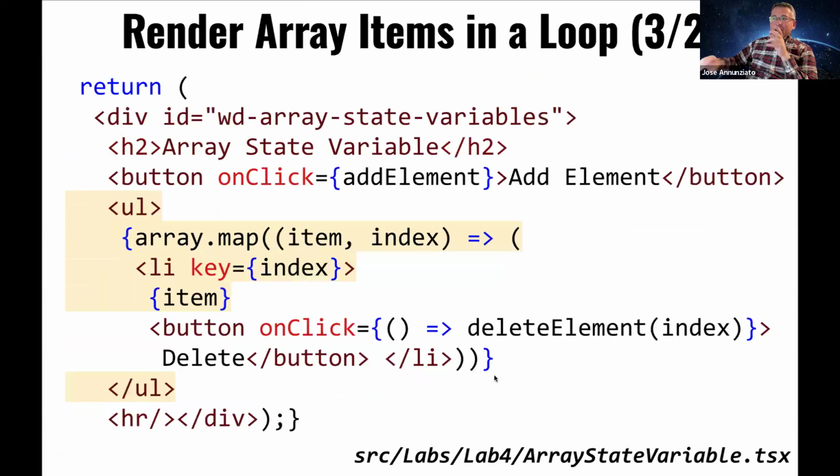Okay. Now as you're rendering, here you have a UL, right, that iterates over the array, right, and each item is the value 1, 2, 3, 4, 5, right, and it's being rendered inside of a line item, and the line item is rendering the item right here. See that?